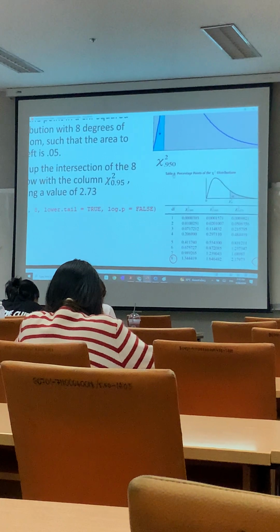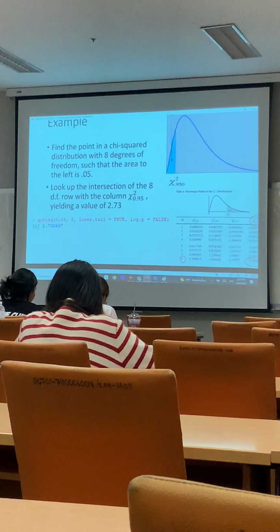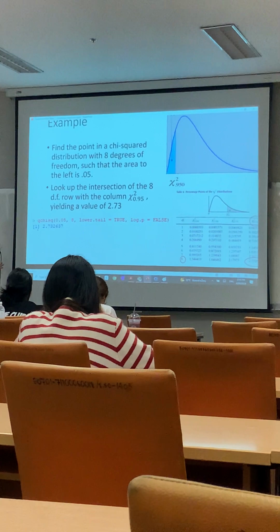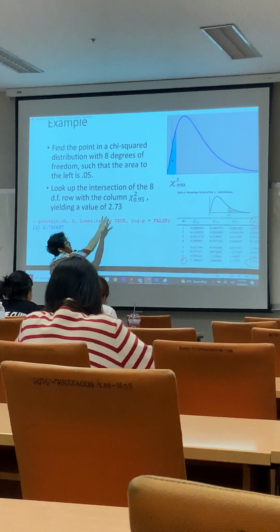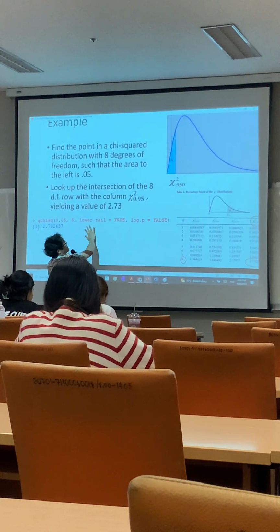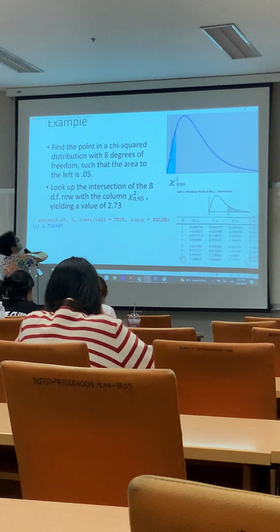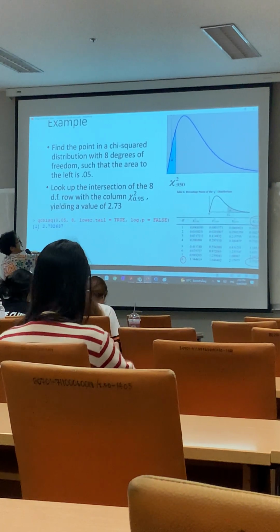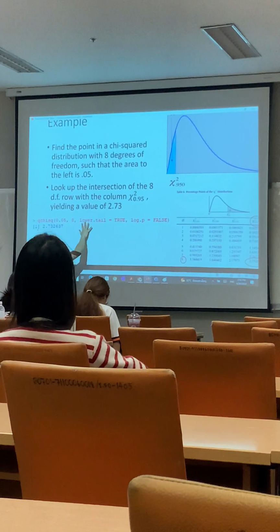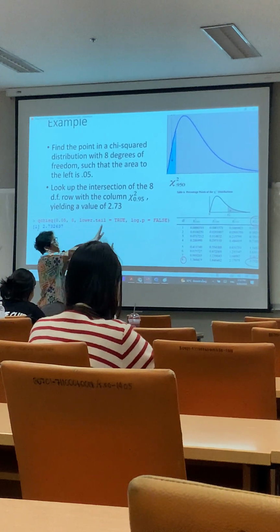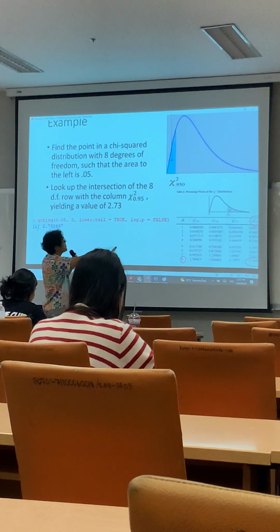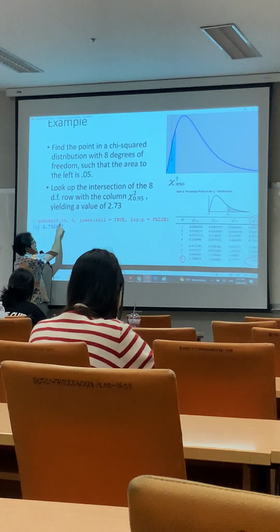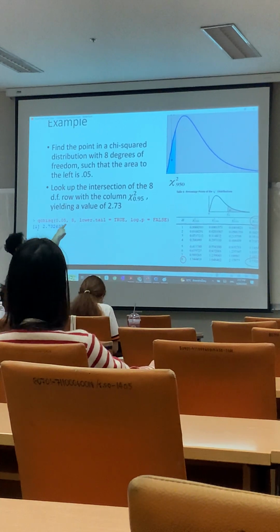Right? If you want, again, there is more than one way to specify this. If you want lower.tail to be FALSE, it means that you calculate the upper tail. So the probability here has to be 0.95, 95%.